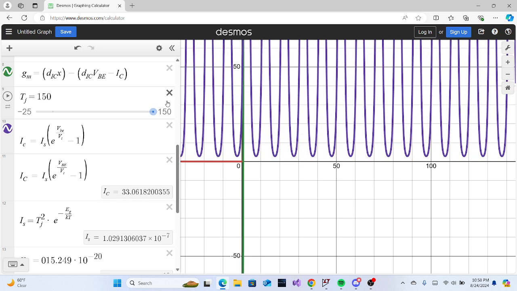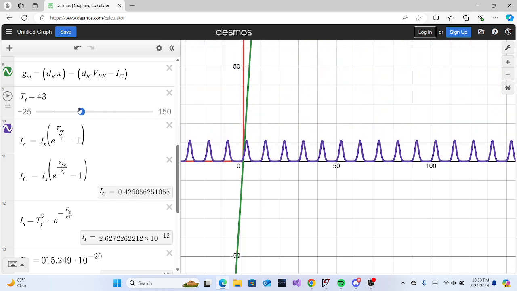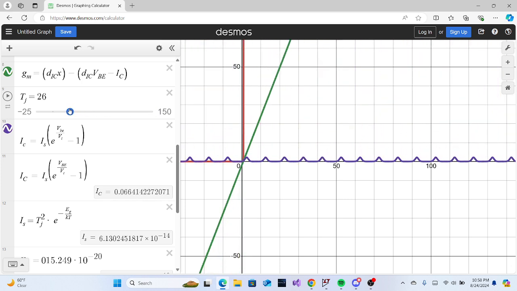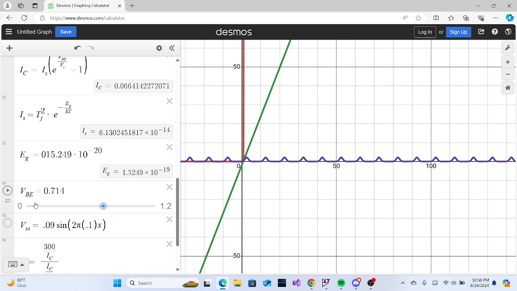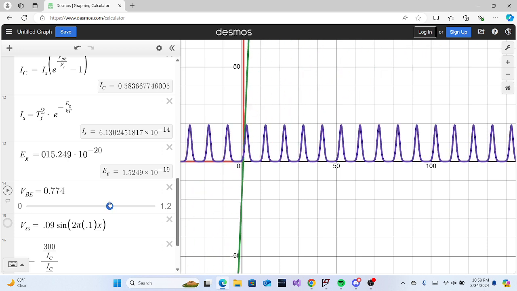You can't even get it hot enough, even at 150 degrees Celsius. It's like 300 degrees. I'm not sure how accurate this model really is. I just made up some values that were approximations. It's really about the relationships between stuff that I care about.